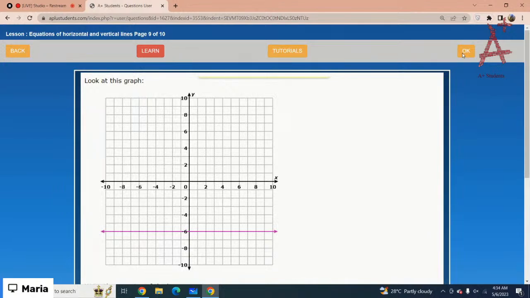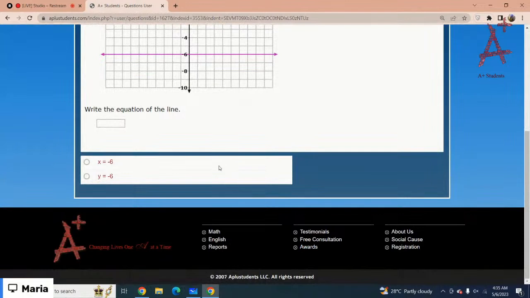Okay, look at this graph. So what is the equation of the line? You can see the line is parallel to the x-axis. Got it? So the equation of the line is y equals -6.